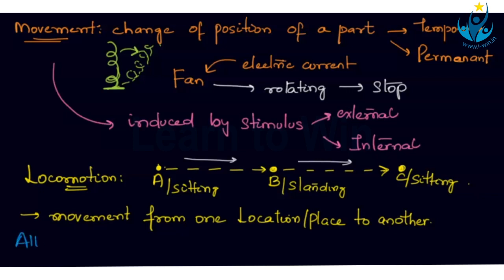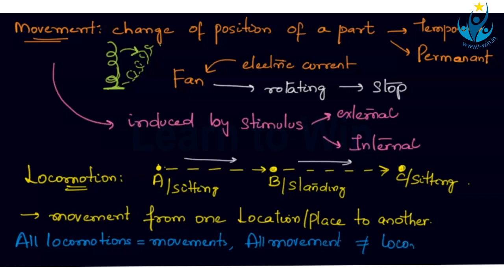Let us write it here. All locomotions are movements. But all movements are not locomotion. For example, when there is wind, the leaves flutter in the wind. So the leaf is changing its position.